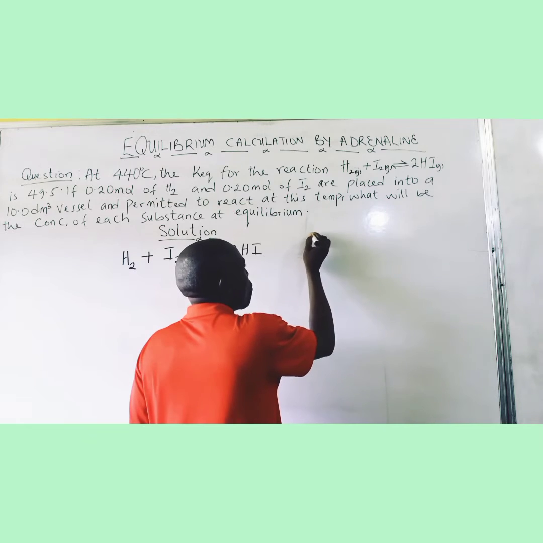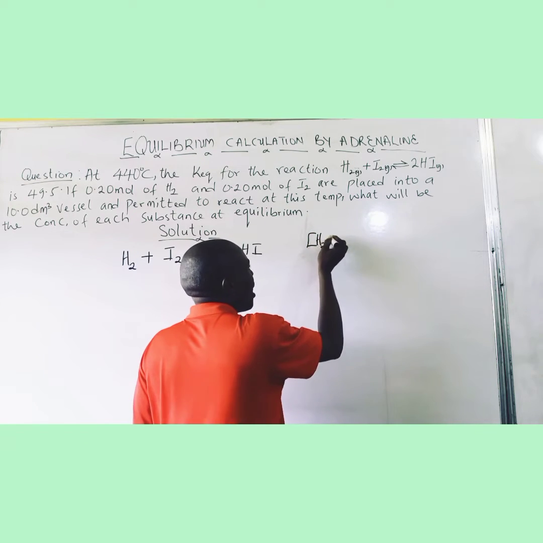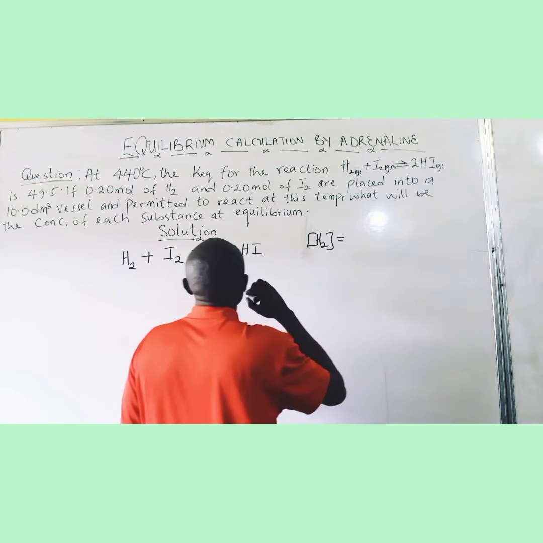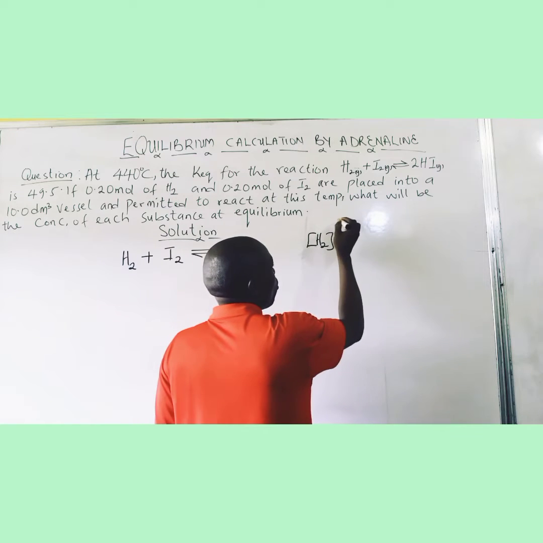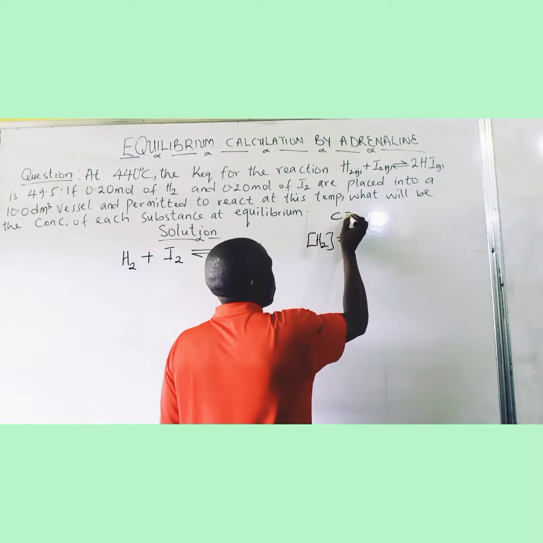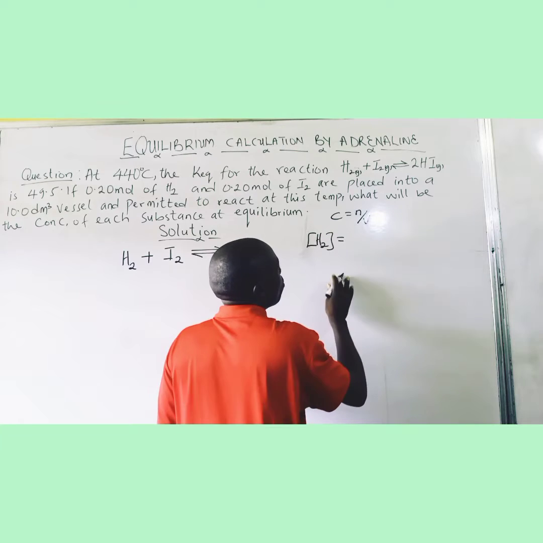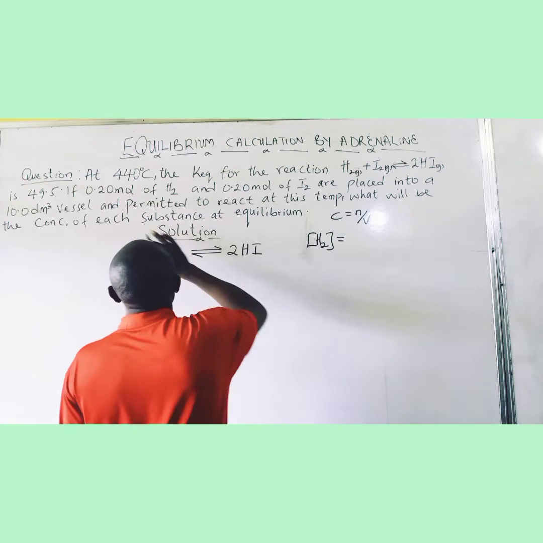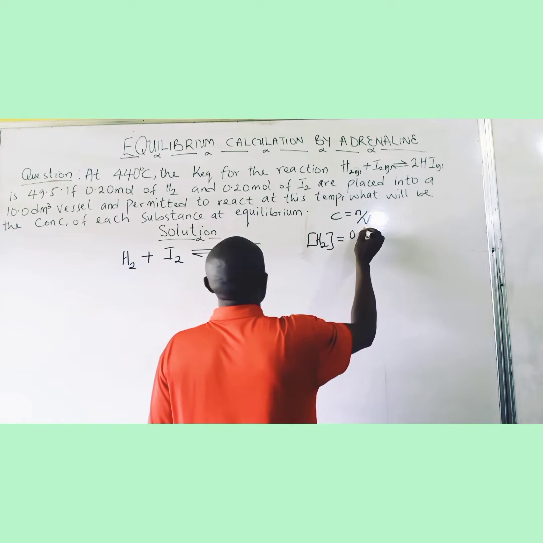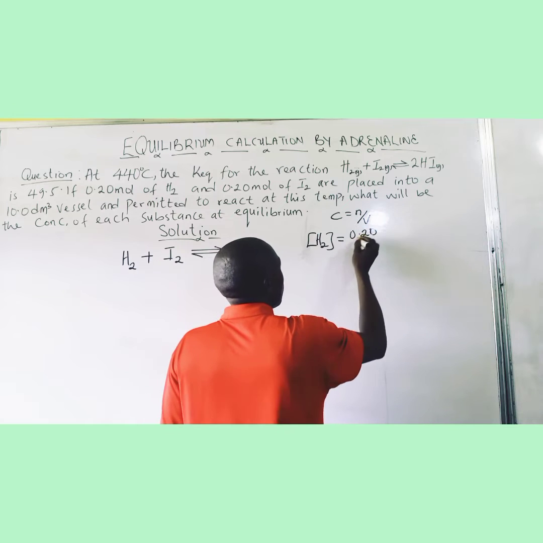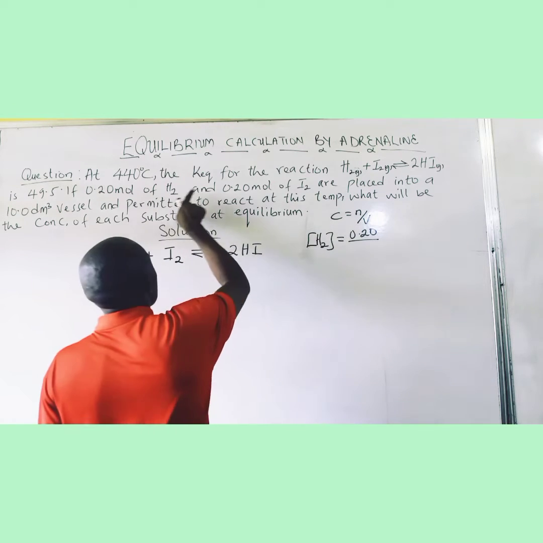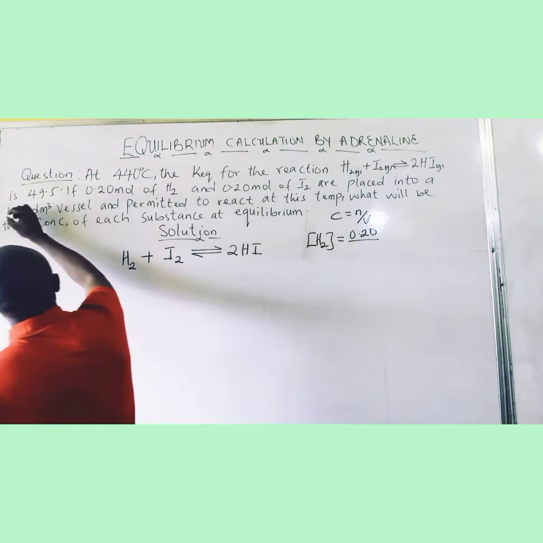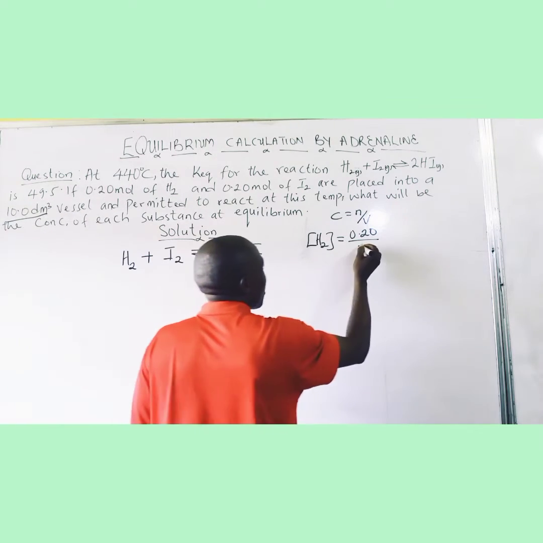We're having the concentration of the hydrogen. Remember, concentration C is equal to number of mole over the volume. And the number of mole here for the hydrogen is 0.2 divided by the volume, which is given to us to be a 10 dm cube vessel, which is 10.